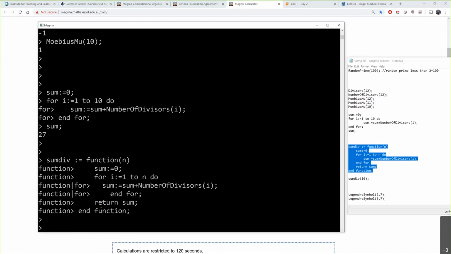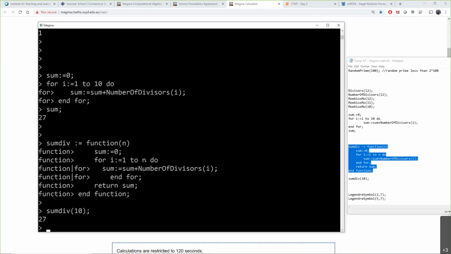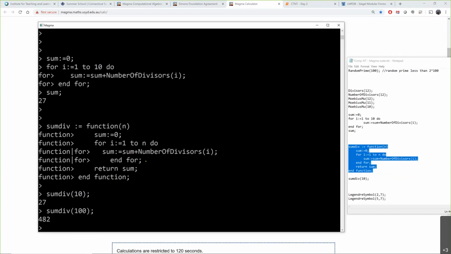That's the same computation I did above, but now this is going to work for any n. If I do the sum of the number of divisors up to 10, I should get the same result I got before, but now I can do it up to 100, and that's 482.